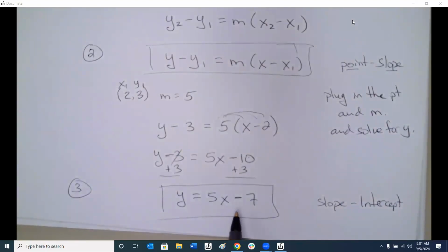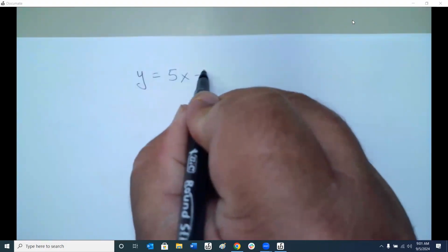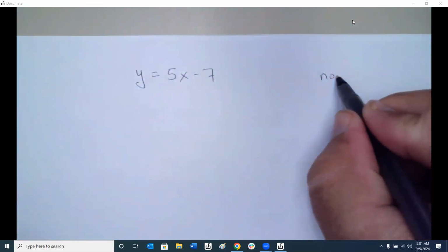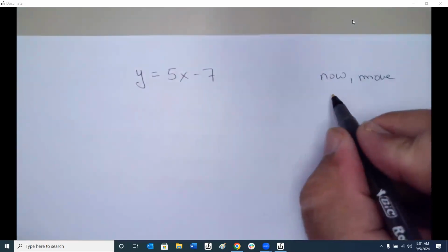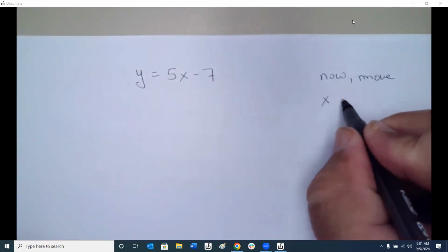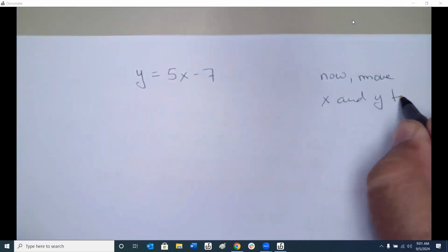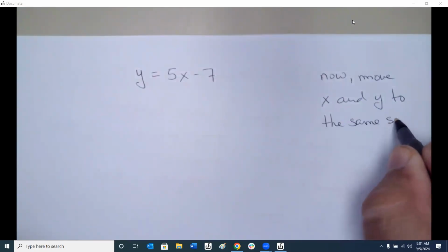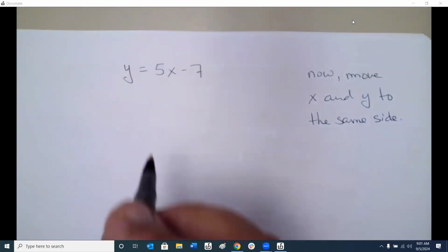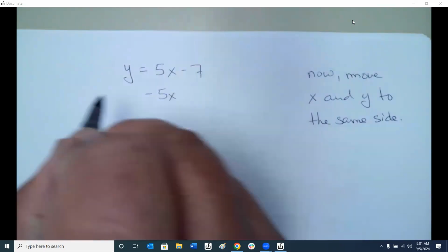Okay, so now from here, I have 7. Now move x and y to the same side. So we have to subtract 5x from both sides.